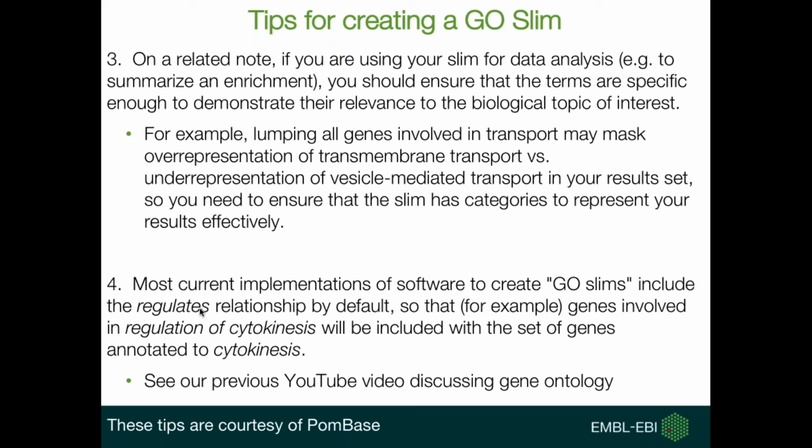And it will include that by default, so you'll sometimes get masking of your gene product. So when you're looking at, let's say, regulation of cytokinesis, when you are looking for sets of genes that are annotated to cytokinesis. And if you want to know more about these relationships, you can check out our previous YouTube video discussing the gene ontology. So this is something that's a little bit more advanced. But again, if you have questions, please feel free to ask.